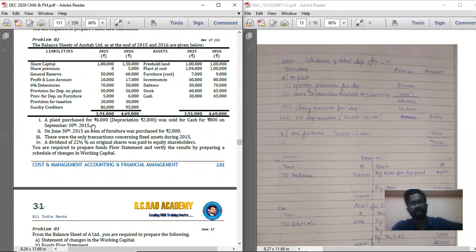Plant purchased for 4,000, on which depreciation of 2,000 was sold. So on the plant and machinery which has been sold, depreciation is 2,000. You should take it off from the provision for depreciation. Below that, small Roman number 2, less: depreciation relatable to plant sold. In the amount column, within bracket, record 2,000.